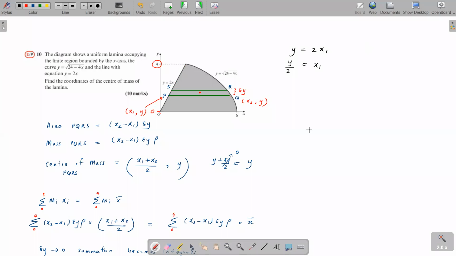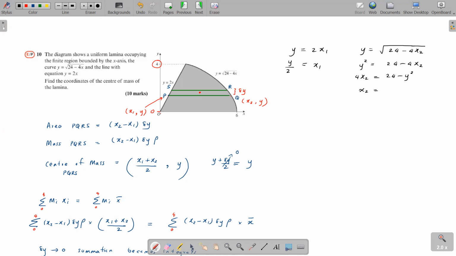And the other equation, I get x2. I get x2 from this curve, y equal root 24 minus 4x. So we'll write that down, y equals root 24 minus 4x2, guys. All right, so I want to make x2 the subject. So removing this root, it becomes a square on the other side, equals 24 minus 4x2. 4x2 equals 24 minus y square.